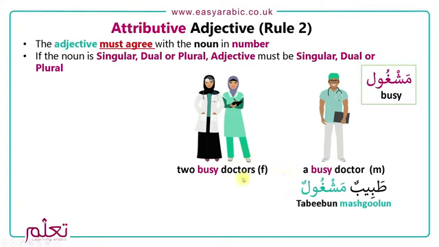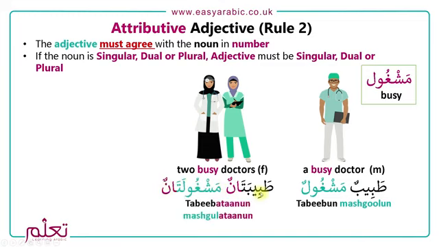Here, 2 busy doctors, female. We need to convert that into a feminine first and then add the alif noon. So it's tabibatanun, and then we do the same with the adjective. We add the ta marbuta, then change it to normal ta, then alif noon. So it'll be tabibatanun mashghulatanun.